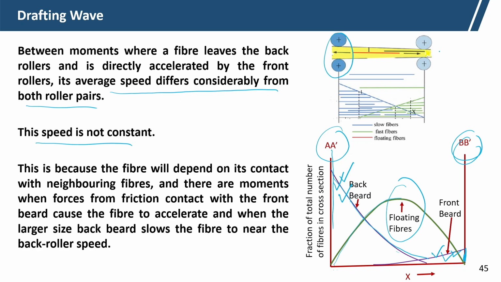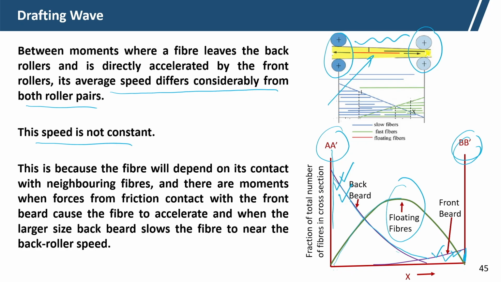When the fiber is under the nip of the front roller, it moves at the front roller speed. But the floating fibers, in red color, have no fixed, consistent movement. They may move at any speed.